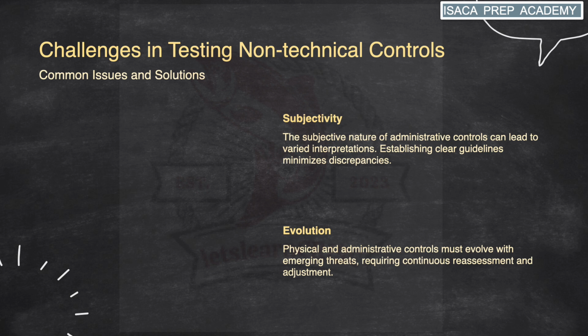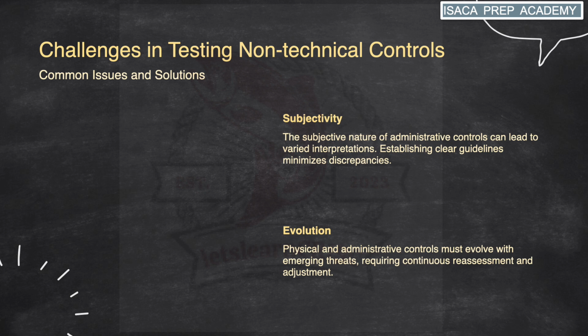Similarly, administrative controls, including security policies, procedures, and guidelines, must evolve to address emerging threats and regulatory requirements. Organizations should regularly review and update their administrative controls to ensure they remain aligned with industry best practices and regulatory standards.